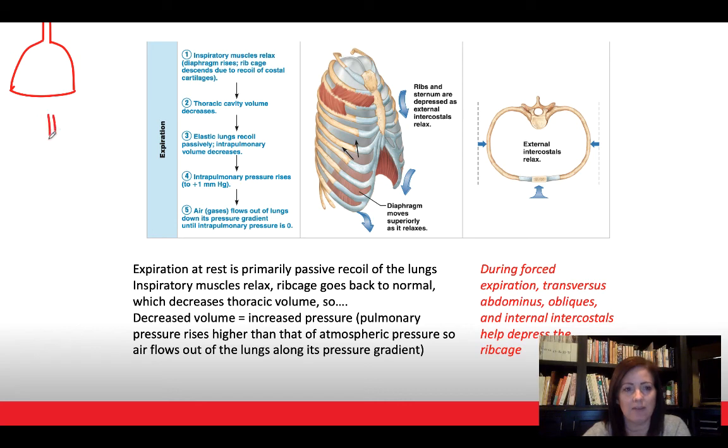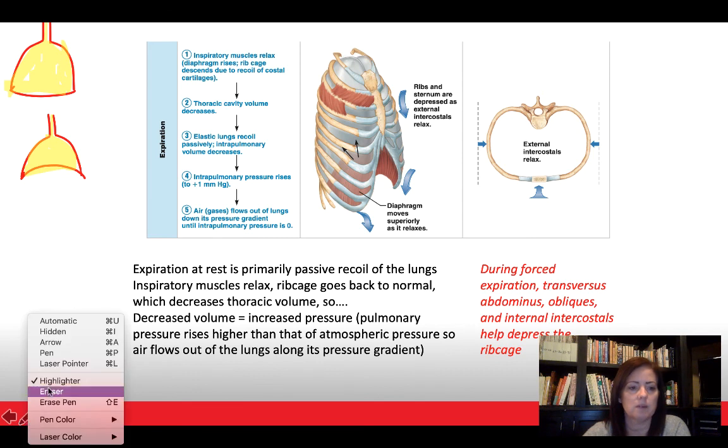Now we are expiring, so our diaphragm ends up moving back up into that dome position. What just happened to the volume in our thoracic cavity there? If you look at that space again, here's our thoracic cavity. We just went from all this space, all this volume, to this volume.